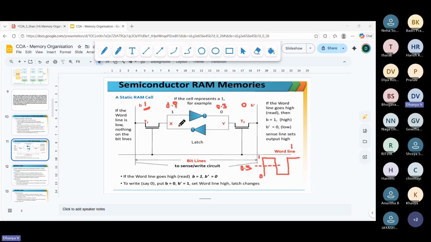But now when the word line is 1, and we are taking an example where it is a read. When we are actually reading something that's there in your latch. What is there in your latch? 1 is there. 1 is the data that you gave initially. That is only being within your latch unit, right?